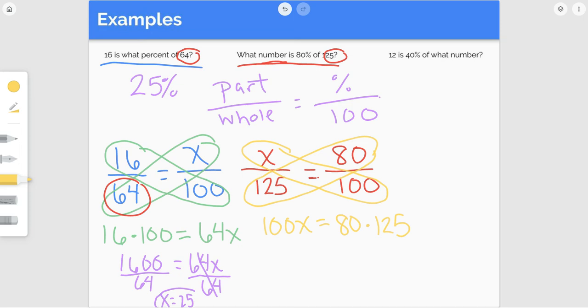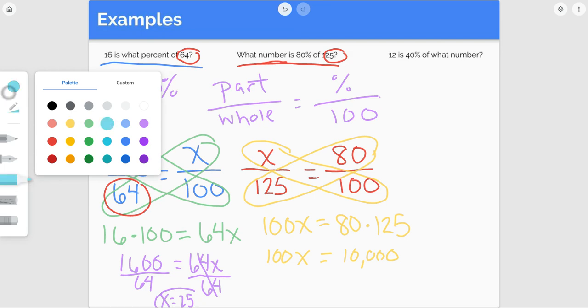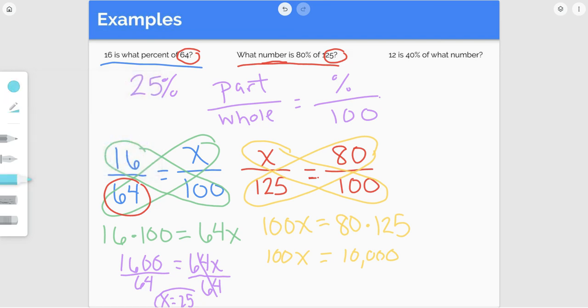So I'm going to get 10,000 on this side, and I still have 100x on this side. Now, inverse operations. I'm going to divide by 100 to get the x on its own to solve for my missing piece, which means I also need to divide this side by 100, which is really just taking off those two zeros, leaving me with x is equal to 100.